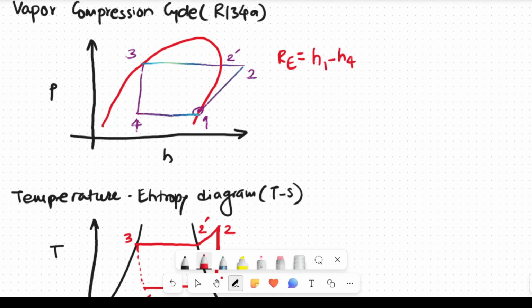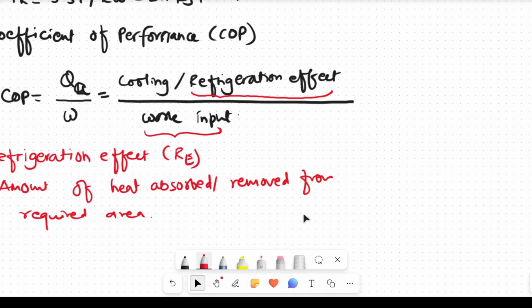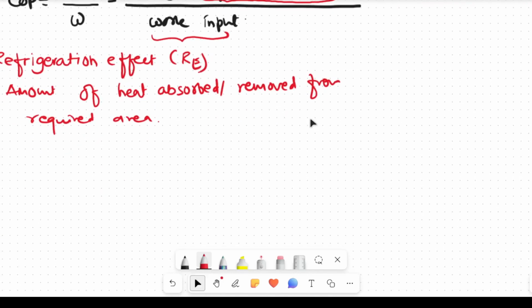This line tells us about the RE. If the length of this line is bigger, the refrigeration effect will be more. If the length of this line is small, the refrigeration effect will be lesser. As I told you, the RE tells us the heat removal capacity of the system.